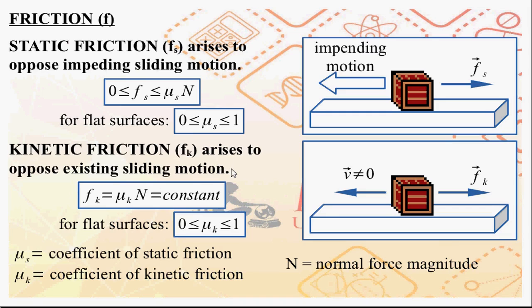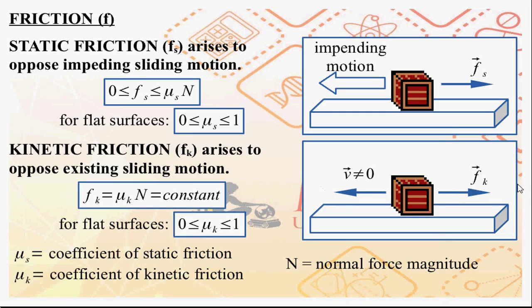So again, the direction of kinetic friction is always opposite that of the motion of the object. If the motion is heading to the left, kinetic friction is heading to the right, opposite direction.